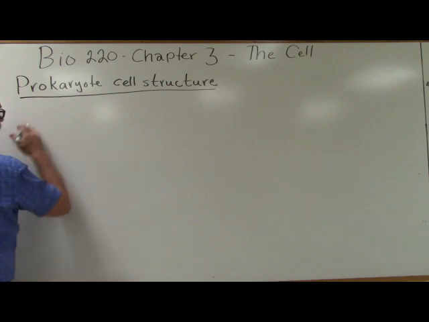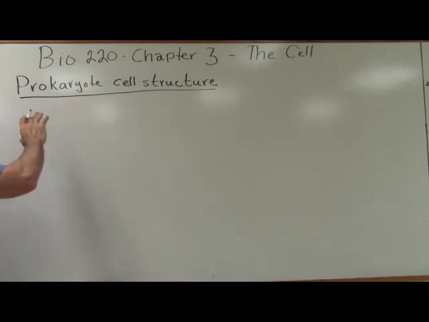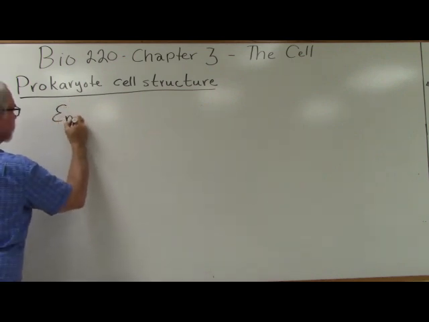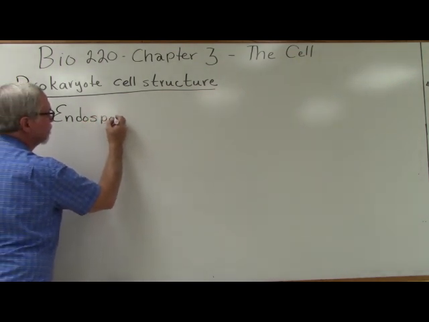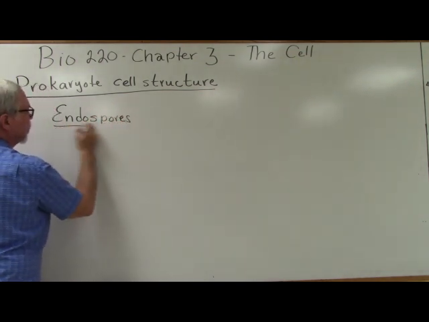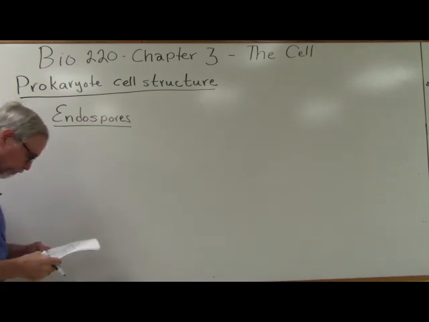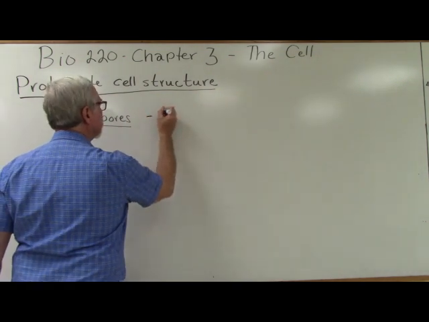And this is the last thing that you need to know with regard to what's inside a prokaryote. So endospores. Endo meaning within, spores being small germ-like elements that can give rise to new individuals. So these are dehydrated dormant structures.